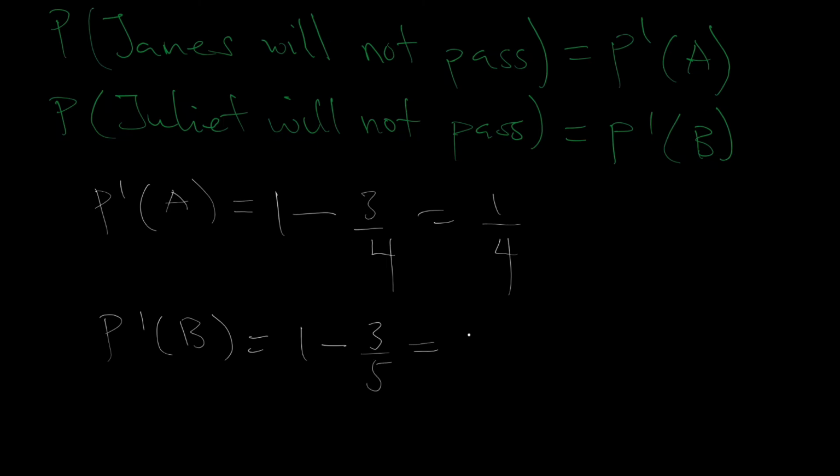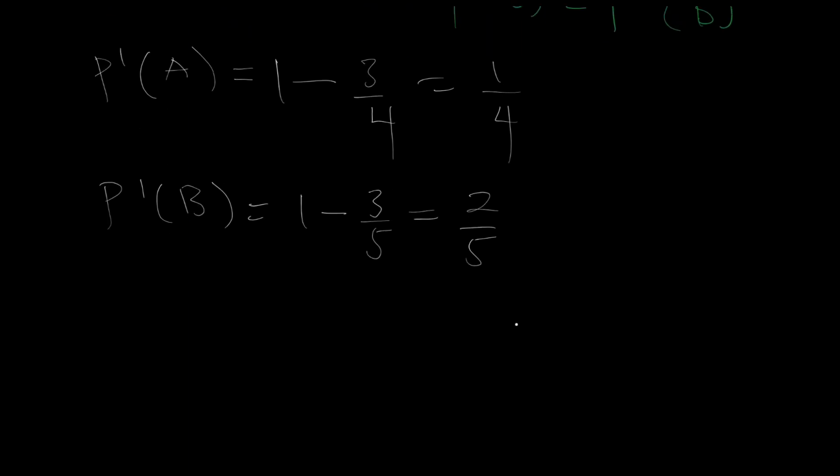So in all, we should get 2/5. So the probability that James will not pass and Juliet will also not pass is P prime of A and P prime of B.